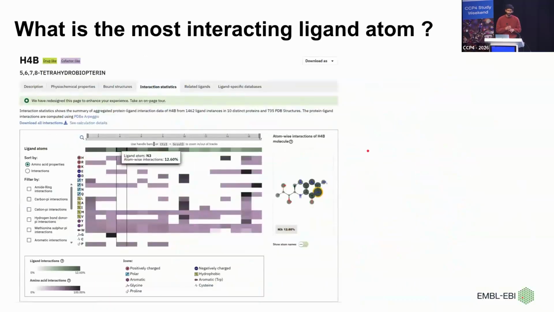That was interaction analysis within one structure. But if you want to aggregate the interaction information across the structures, to know which atoms are mostly interacting, with which amino acids, and what type of interaction it might be, in the default view we use a tool called PDBe-PISA.